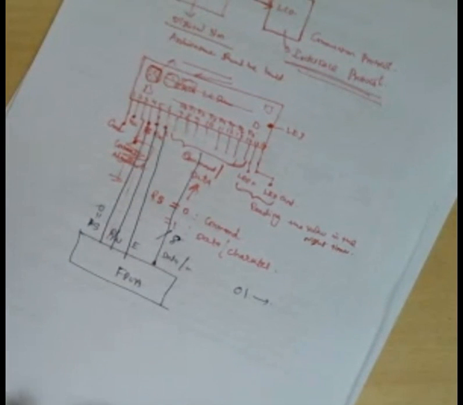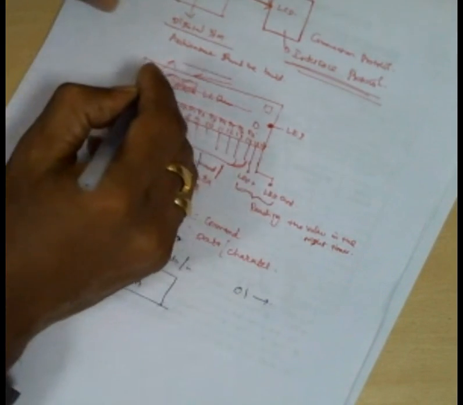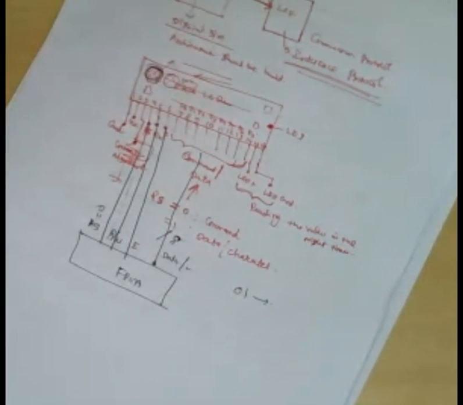Understand now? It will not display any character. It will take it as a command and prepare itself. 01 is clear the screen. 02, return to home. Return to home means the first pixel. It will come to the first pixel wherever it is.